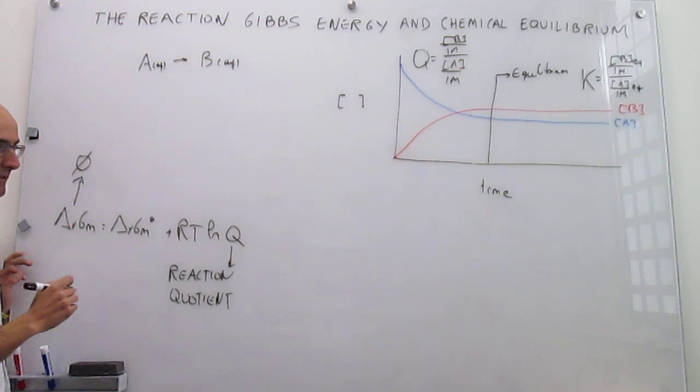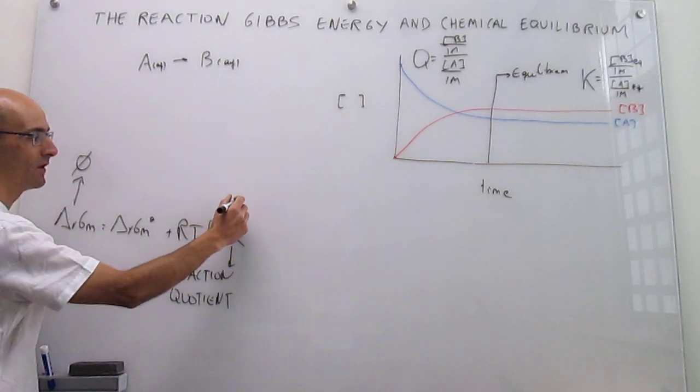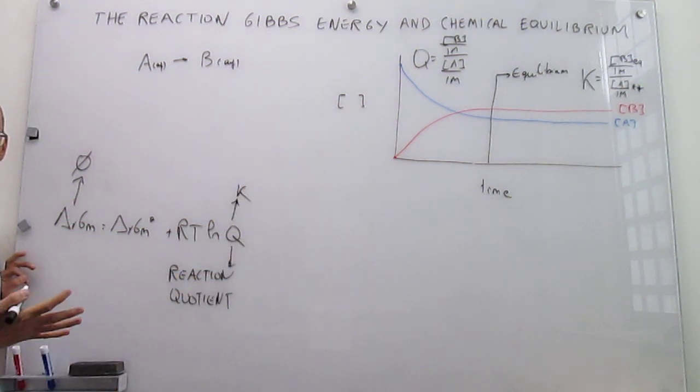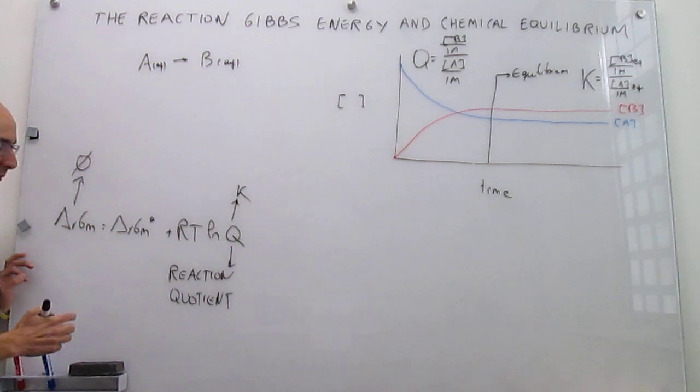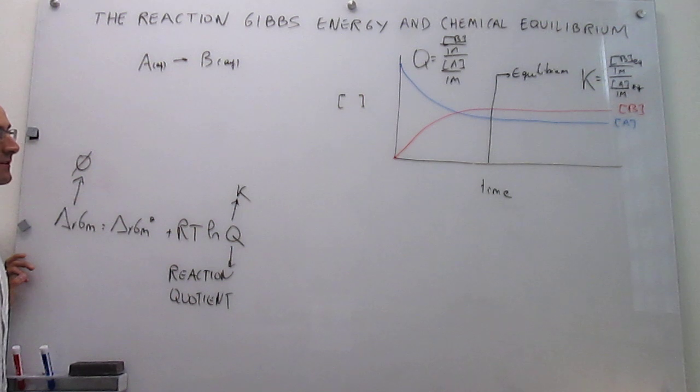And then what also happens is that once you reach equilibrium, this reaction quotient actually reaches a value that we call the equilibrium constant. So those are the two changes to this expression at equilibrium, right? That value is 0, and then this value is just the equilibrium constant.